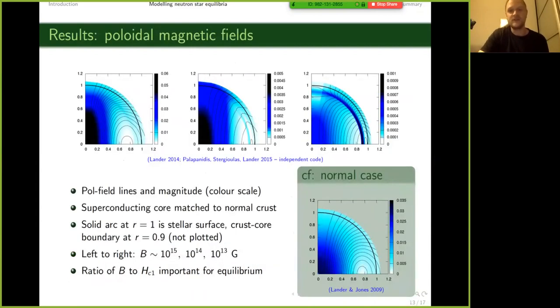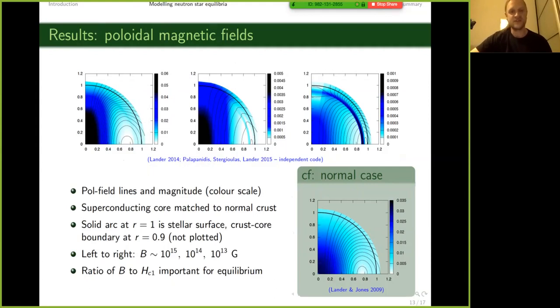And this is what the magnetic field looks like. The color scale shows the magnitude of the poloidal magnetic field. This is purely poloidal, and the black lines show the direction. They don't have arrows on the end, but these are just field lines.